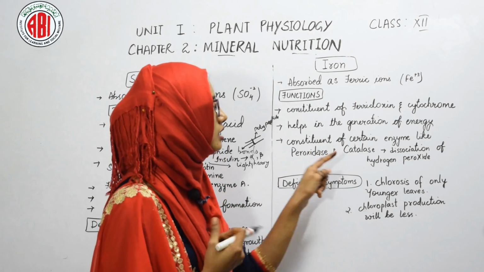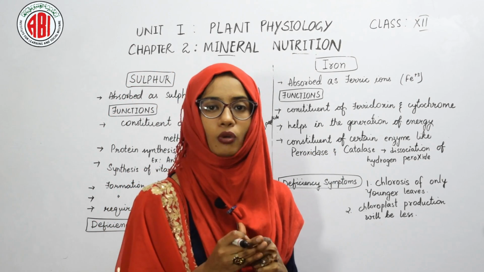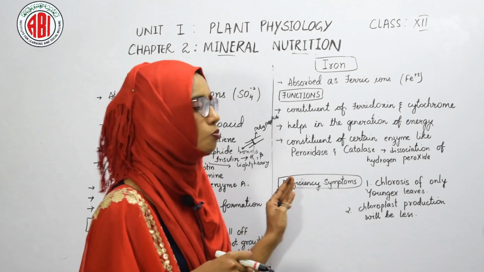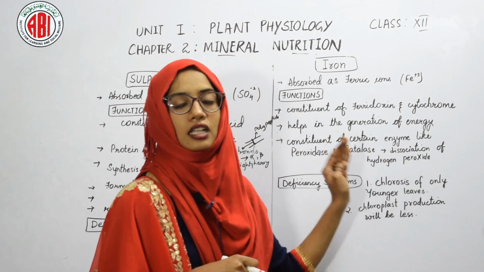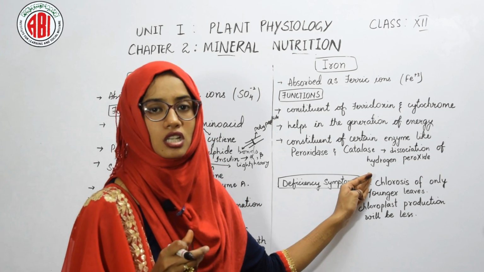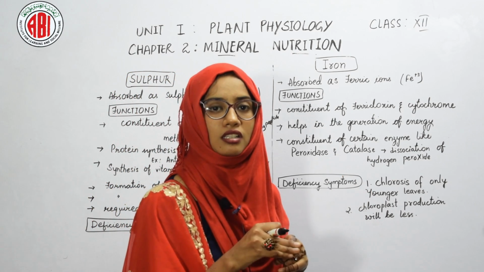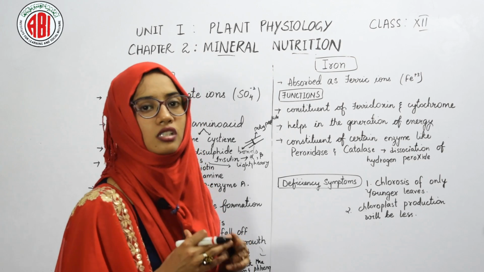Peroxidase and catalase are enzymes found in the peroxisomes, and they are responsible for the dissociation of hydrogen peroxide. This hydrogen peroxide is toxic. When it accumulates in the cells, it shows toxicity in the plant body.